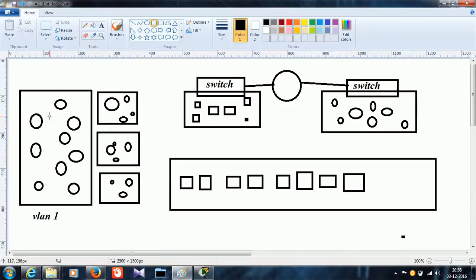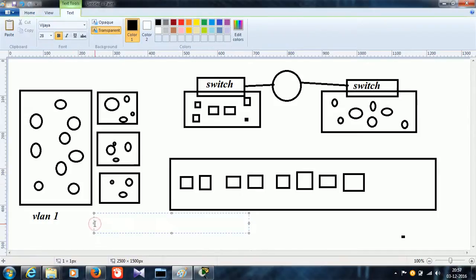That is, first standard students sit here, second standard students sit here, third standard students sit here, like that. In a switch, it is not like I have only one VLAN, the native VLAN, VLAN 1. Here I can create logically different VLANs. That means if I want to create VLAN number 2, I can do that.